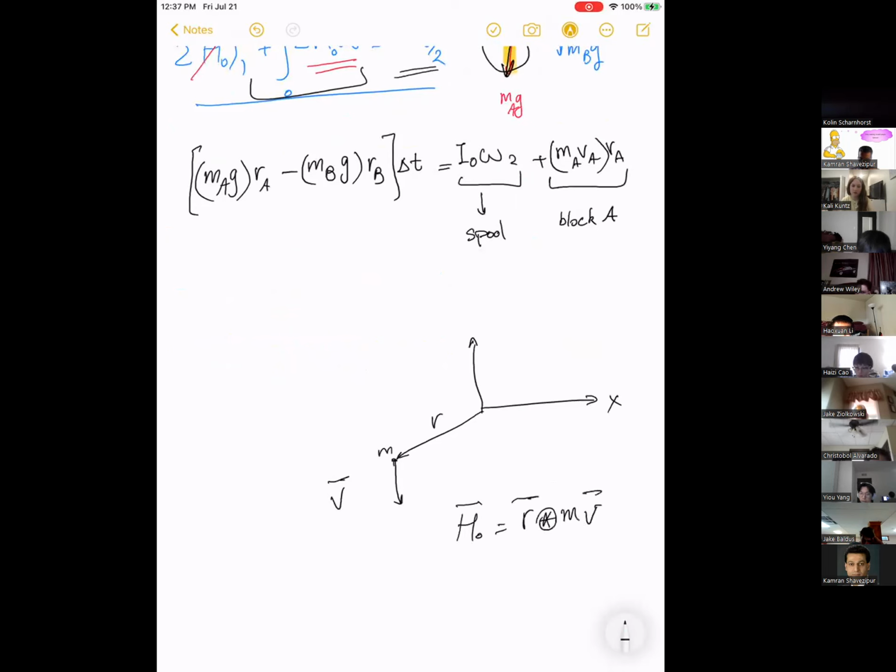And R cross MV, this cross means you're going to use this distance D. So it's going to be MVD in terms of the number. And that is what we have here, right?